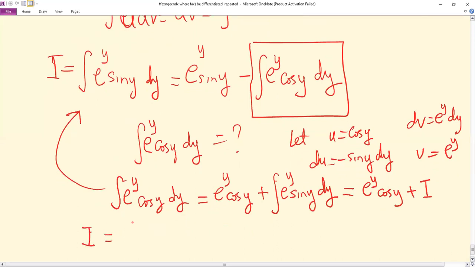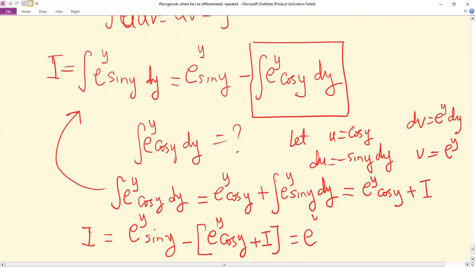So replacing the solution into this integral, we'll have I is the same as e raised power y sine of y minus, so this part we have e raised power y cosine of y, and then plus I. When you simplify, you get e raised power y sine of y minus e raised power y cos y, and then minus I. So we're opening the brackets here.